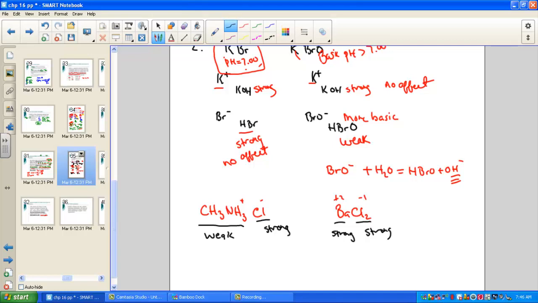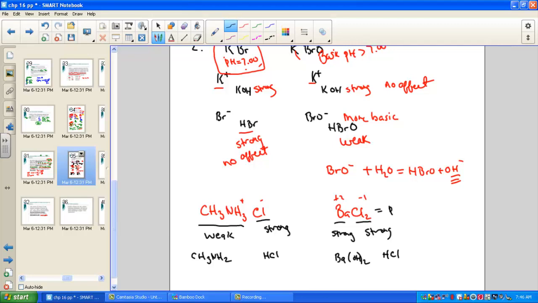We have a weak parent because the base, methylamine, CH3NH2, is called methylamine. Use Appendix D if you're unfamiliar with that formula. Its parent is weak. The parent here is strong, HCl. Parent here is strong, barium hydroxide, and the parent here is also strong, HCl.